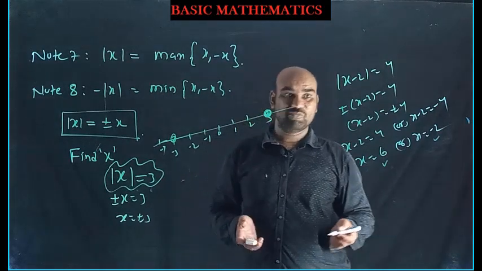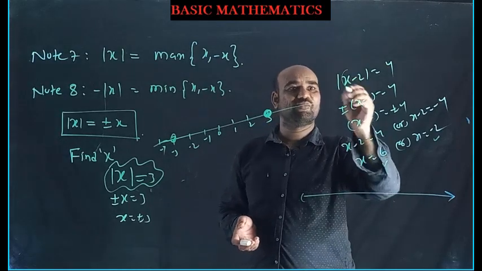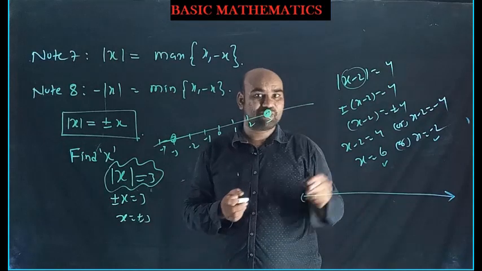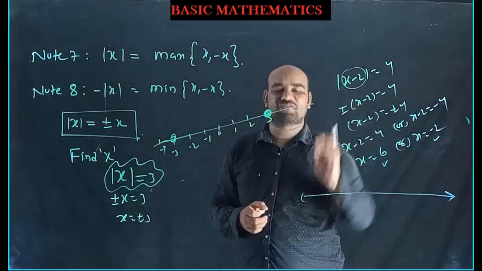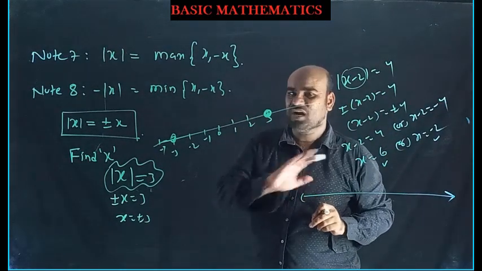Geometrical meaning, number line. What is mod of x minus 2 equal to 4 saying? You want to find a real number on the number line such that the distance from 2 to that real number is 4, not from 0, not from origin.